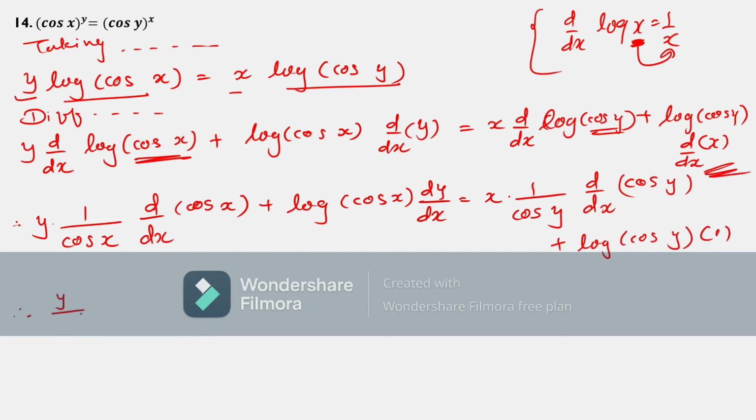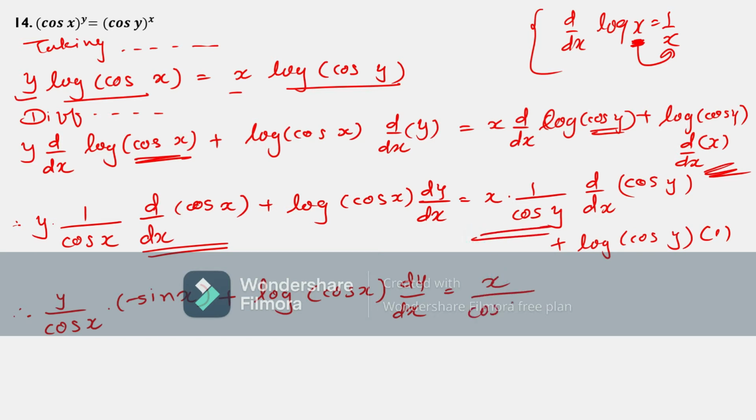So y by cos x into d by dx of cos x, which is minus sin x, plus log of cos x dy by dx equal to x by cos y. d by dx of cos y is minus sin y, but still again it is y, not x.